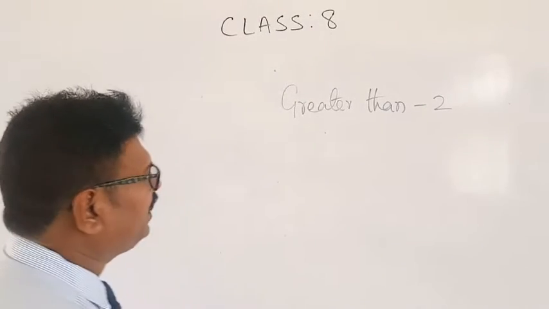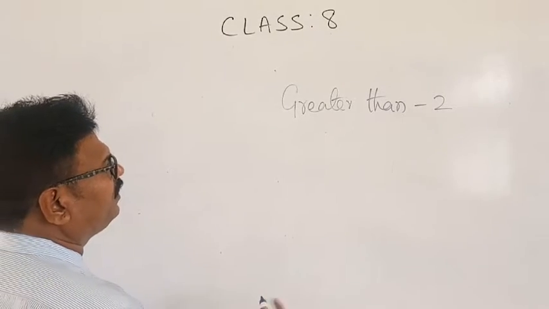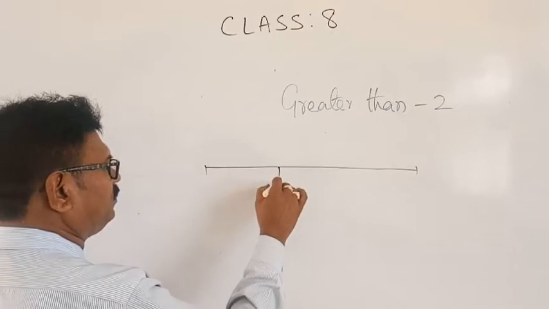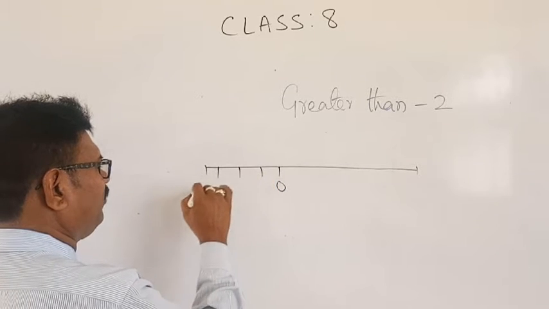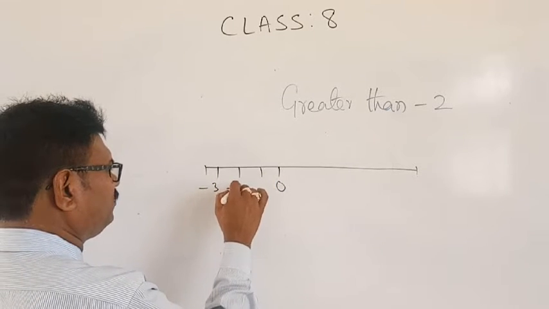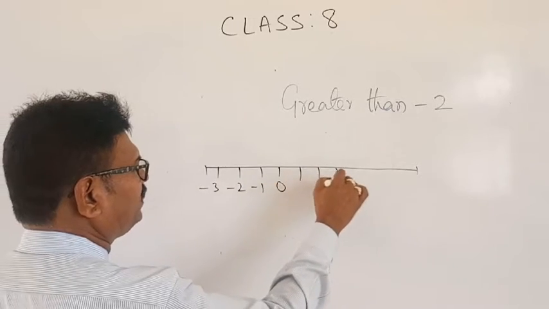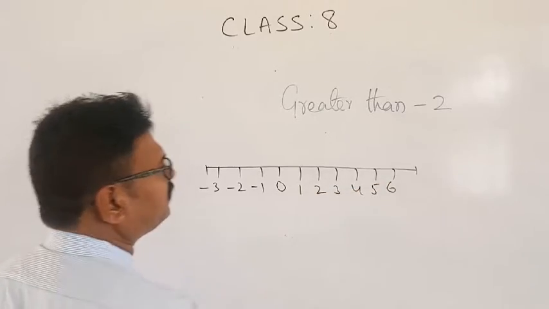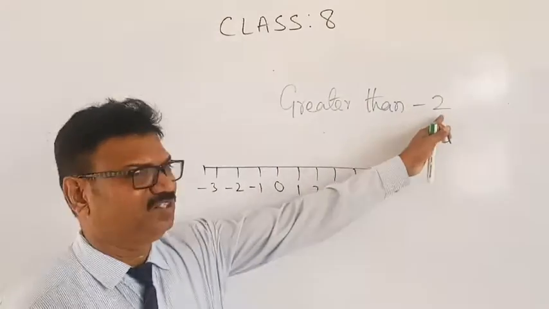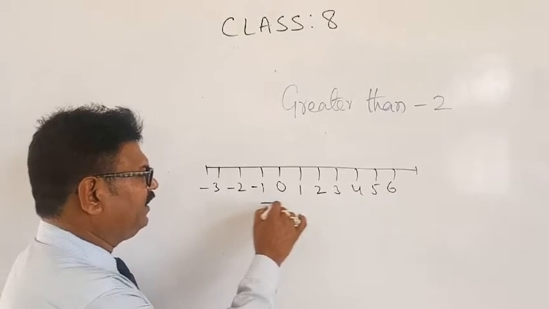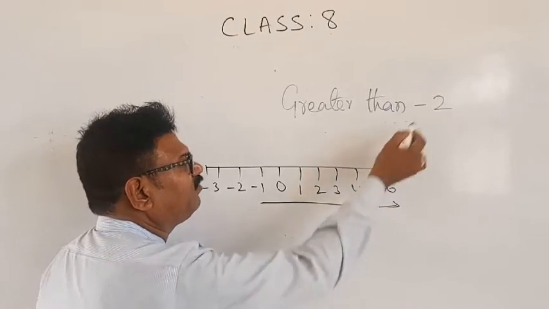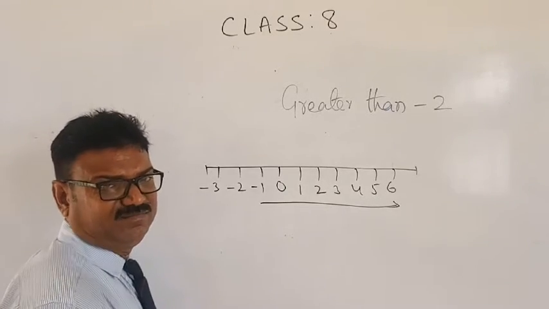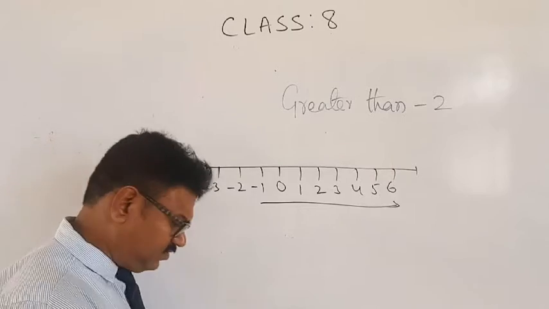For example, if you see the number line: -3, -2, -1, 0, 1, 2, 3, 4, 5, 6. All of these are greater than -2. Okay na? Whichever numbers you want, you can write. Did you understand? Yes.